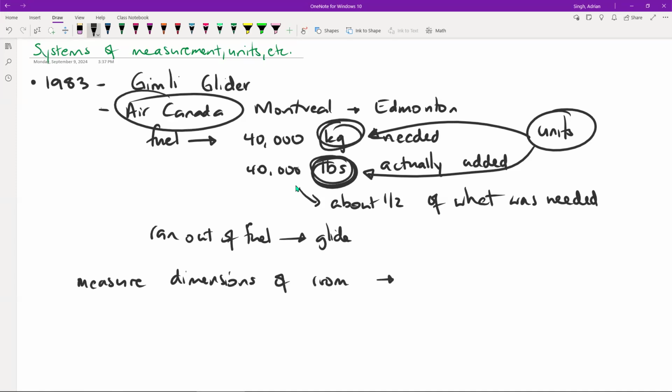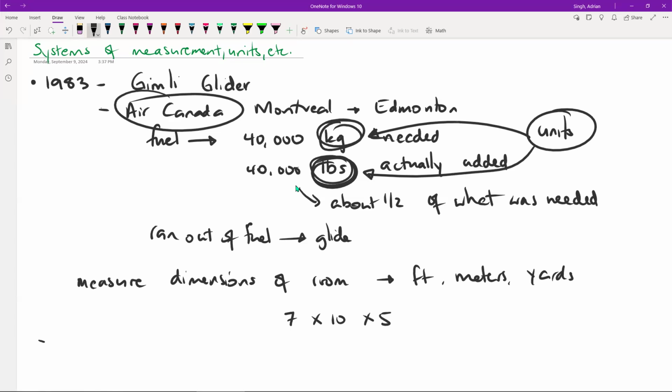Well, you need to decide, are we going to be measuring that in feet? Are we going to be using meters? Or are you going to be using yards? When you say a room is 7 by 10 by 5, well, what is that? Is that 7 feet by 10 feet by 5 feet? Is it 7 meters by 10 meters by 5 meters? They're not the same. They're very different, as we'll see.